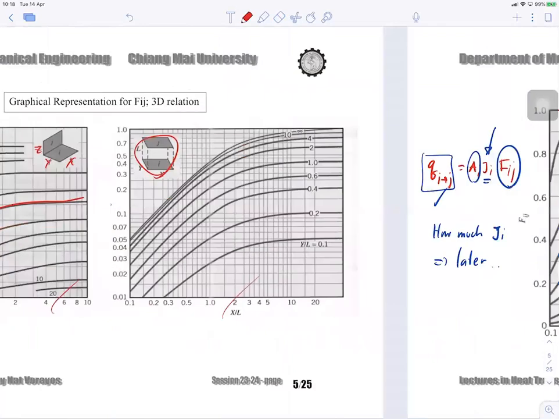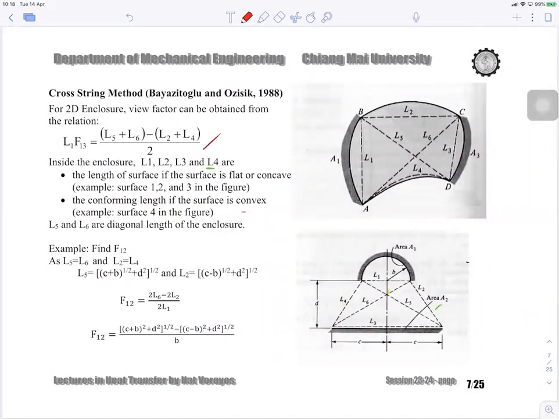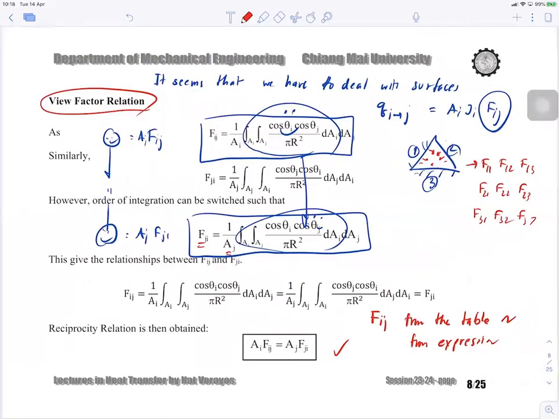Okay, you can even use the cross-string method. If you find the Fij, you can find Fji right away from the fact that Fji is going to be equal to Ai Fij over Aj right away.